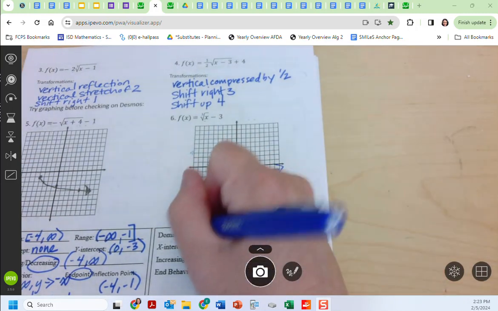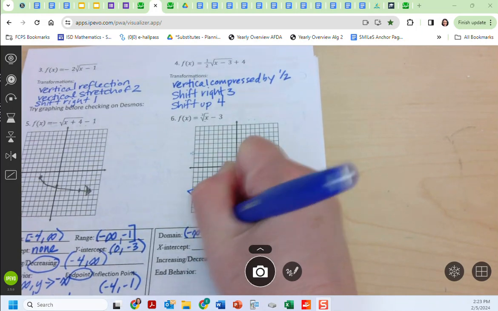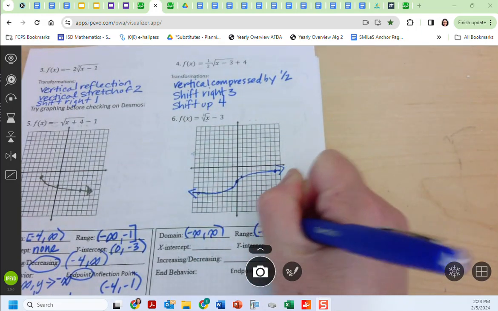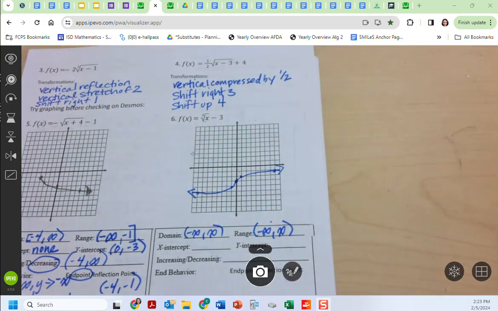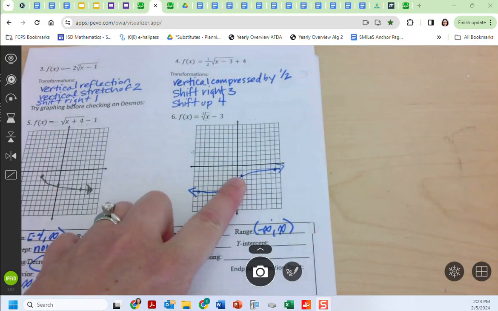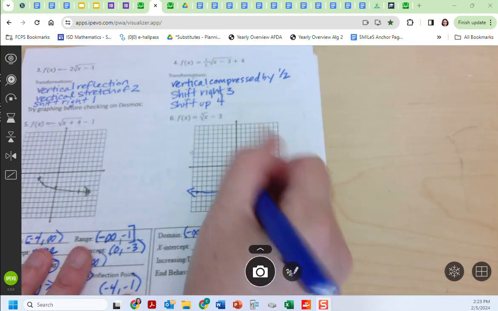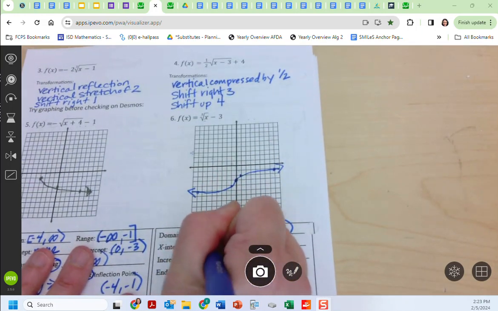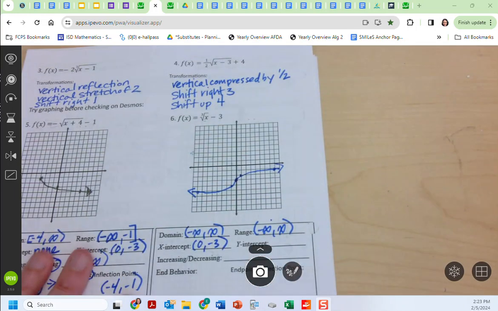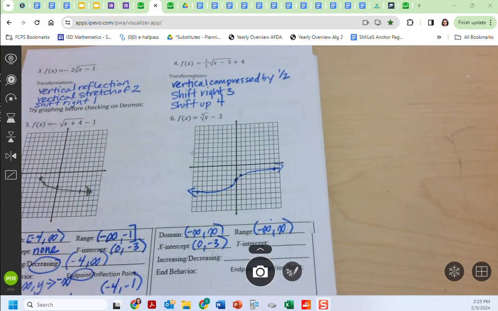All right, your domain and range didn't change. I can see my x-intercept on the graph, but I might have to go to Desmos to find my y-intercept because it's way, way out, right? So my x-intercept is 0, -3. Did anybody find the y-intercept yet? 27?